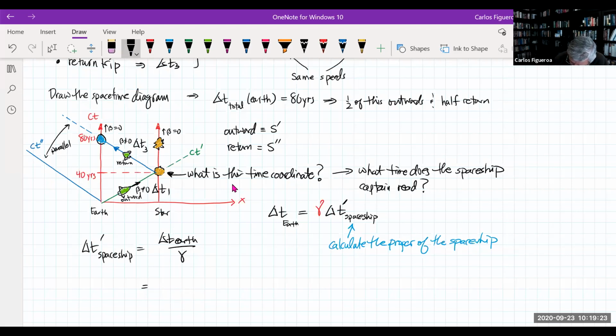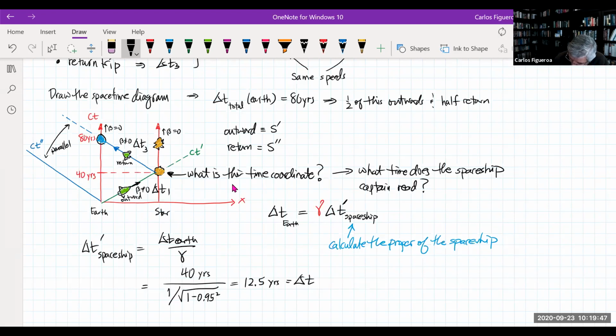It should be 1 divided by the square root of 1 minus 0.95 squared, divided into the time of the Earth, which in this case should be 40 years. And that's going to give me that one coordinate system. If I look at that one value, I get 12.5 years.